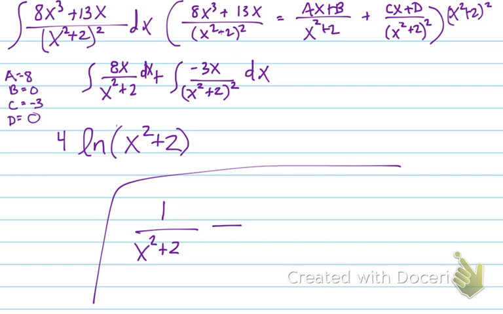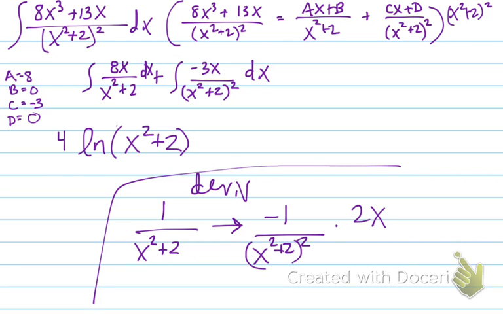Let's look at the derivative of that. The derivative of x squared plus 2 to the negative 1 power would be negative 1 over x squared plus 2 squared times the derivative of the inside, which is 2x. That looks like what I have right here. I have that negative accounted for, and the x on the top accounted for. The only thing I don't have accounted for is the extra 3 that's there, but then also I need to get rid of this 2 somehow.